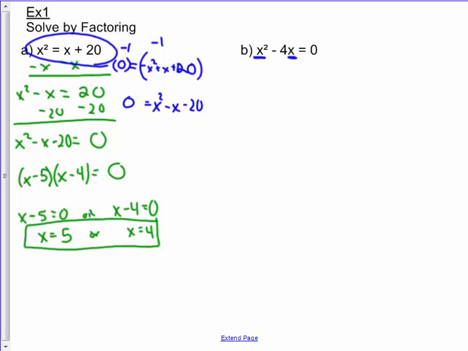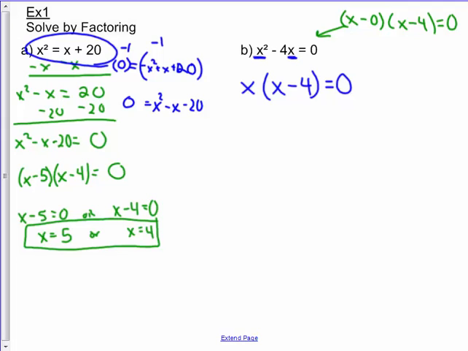In B, I have x squared minus 4x equals 0. I have an x in every term, so I'm going to pull an x out. Now I have x times x minus 4. In this case, I really do have two things that are multiplied to be 0. You could think of it as x minus 0 or x plus 0, and then x minus 4 if you wanted to.